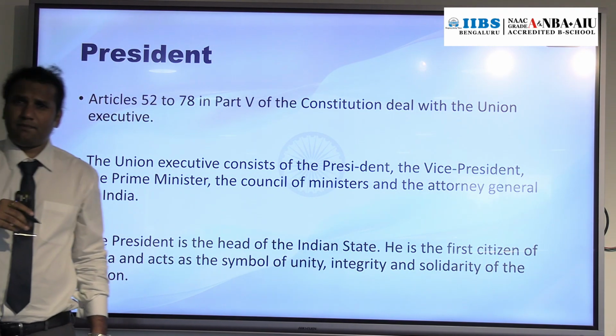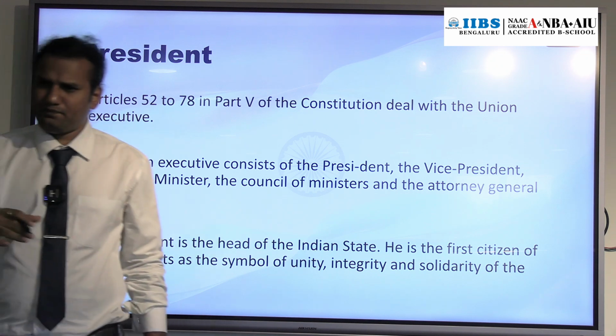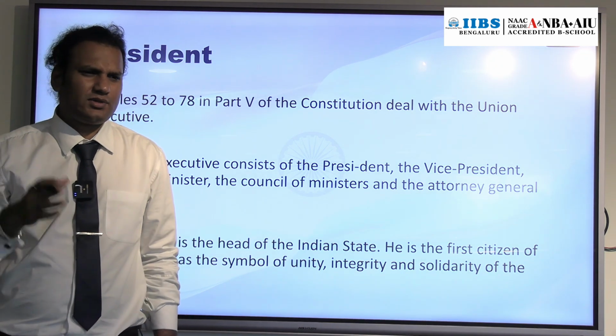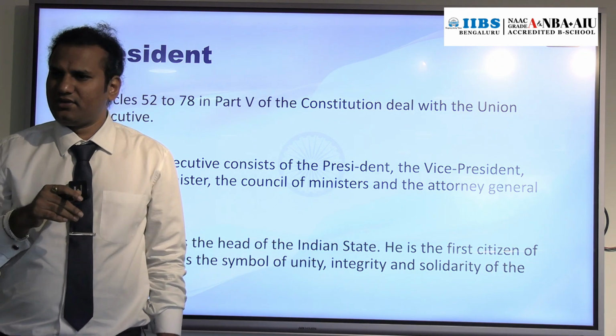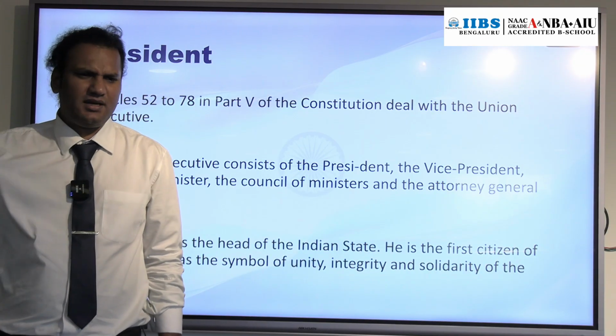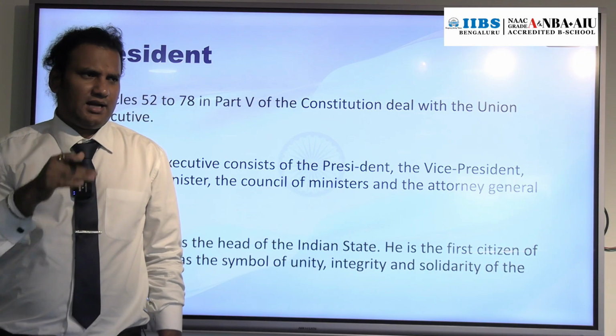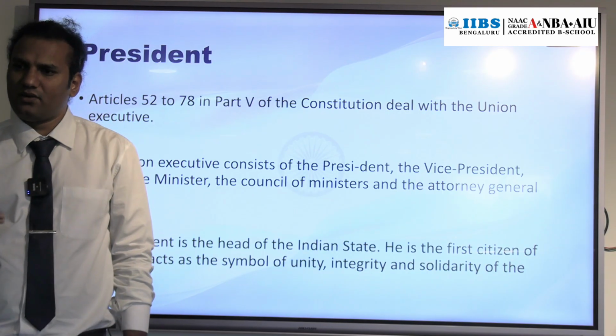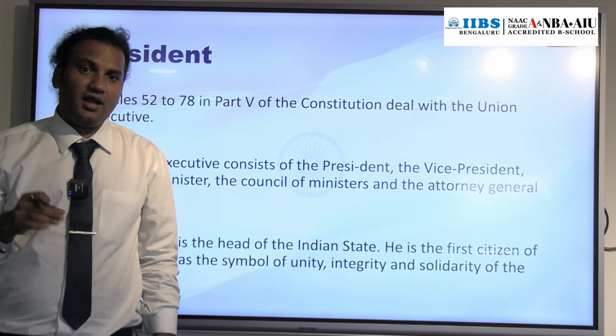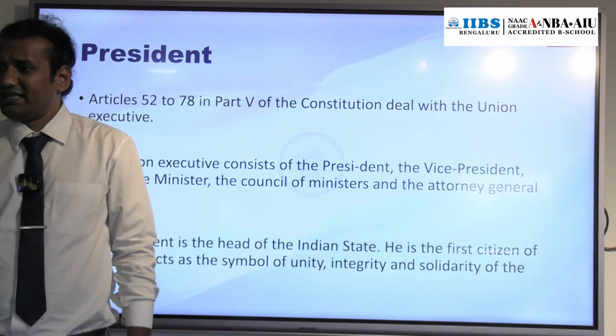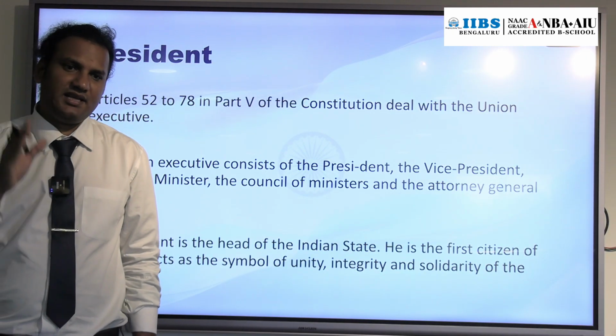If we talk about the President, Article 52 till Article 123 like that, there are certain articles, somewhere in the middle also, which are related to the President. According to Article 52, there shall be a President of India.